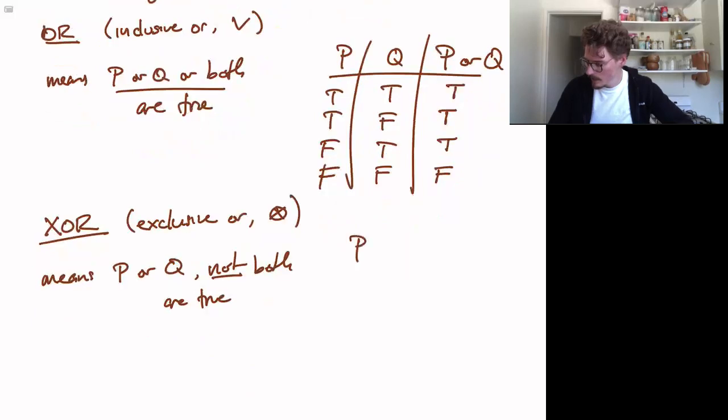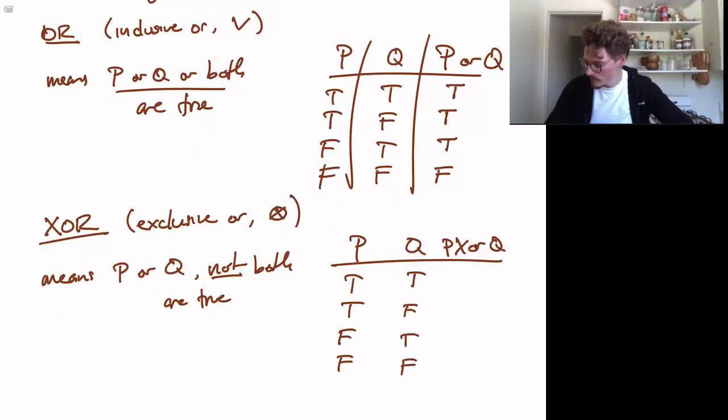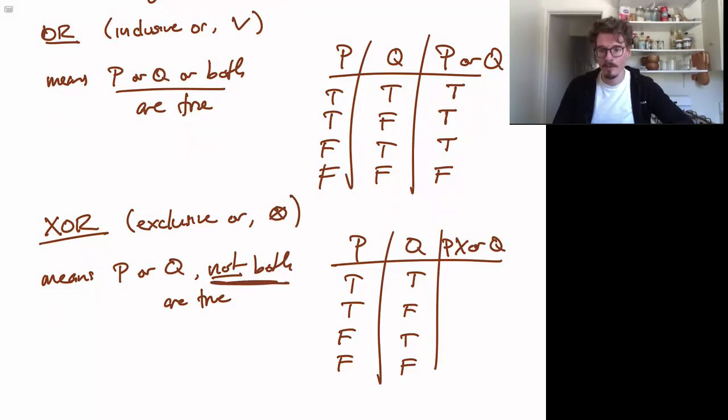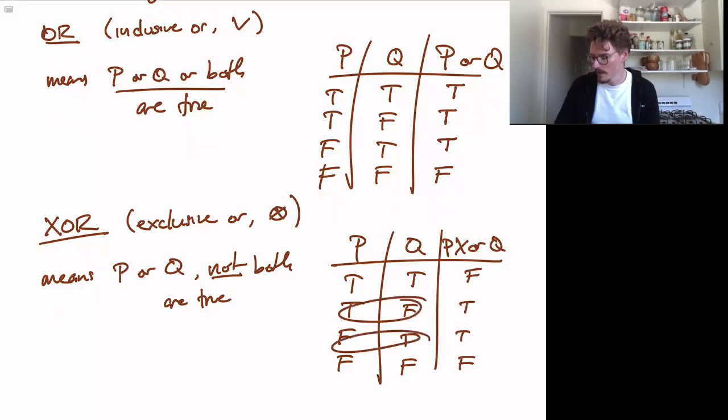So here's P, Q, and P XOR Q. The only difference is that we're saying not both are true instead of allowing both. So here is a false, and then the rest of the times it's the same. It's when exactly one of P and Q is true.